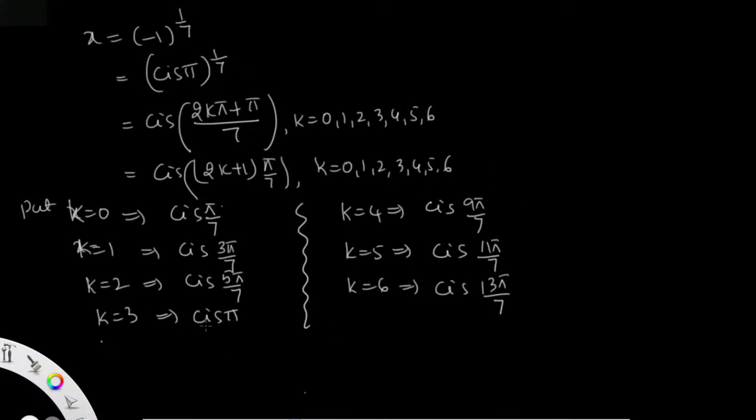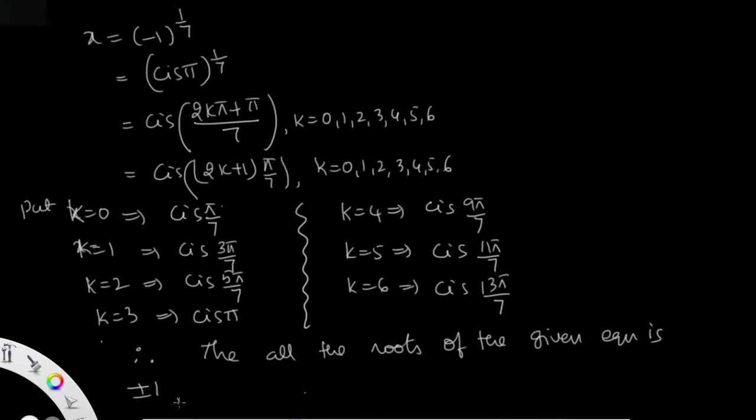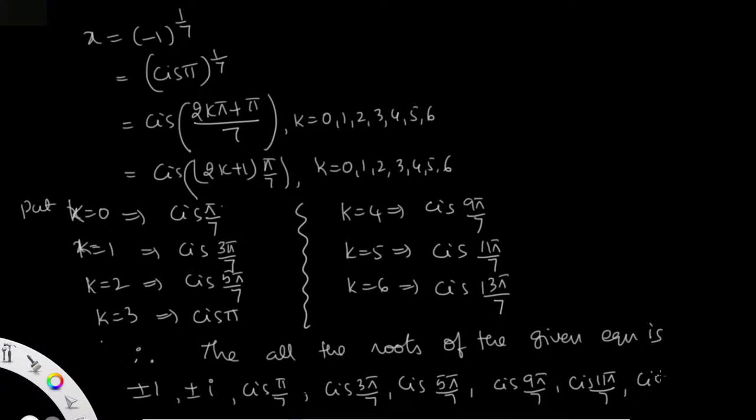Previously we had 4 roots. So therefore we can write all the roots of the given equation: plus or minus 1, plus or minus i, and the total is 1 by 1. cis π/7, cis 3π/7, cis 5π/7, cis 9π/7, cis 11π/7, and cis 13π/7.